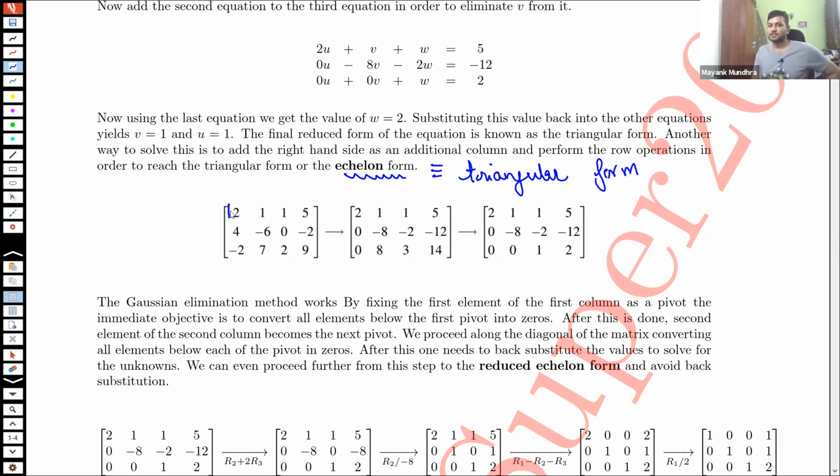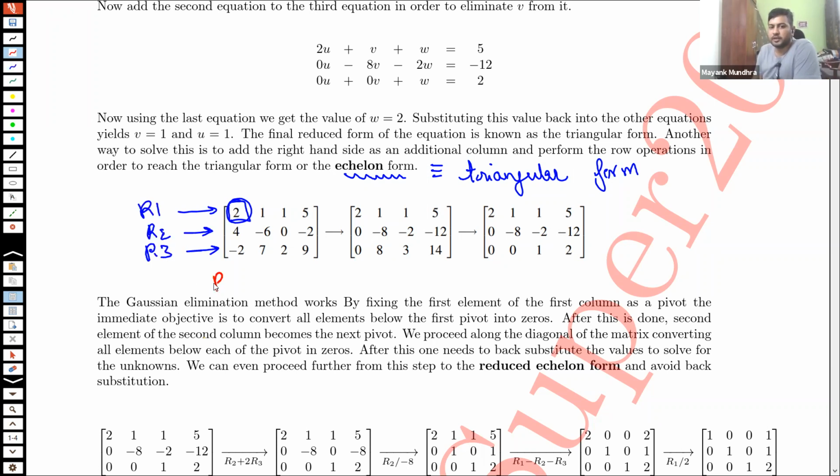So I take this as my pivot entry and I do some row operations in order to make this and this 0. So in order to make this 4 a 0, I want to subtract 2 times this to get this 0. So suppose this is my row 2, this is my row 1, and this is my row 3.